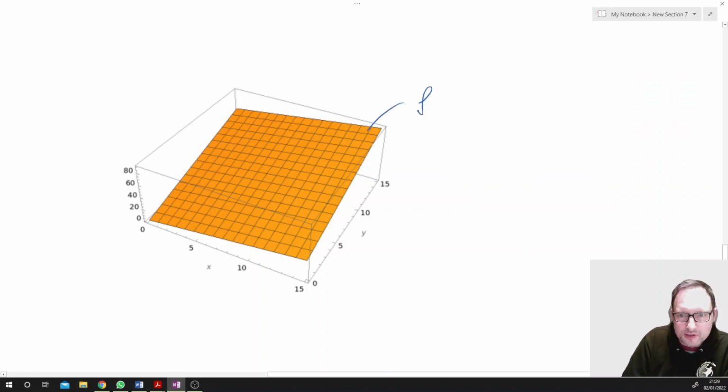So f of x and y was 2x plus 4y. So it's a linear function. I'll make that a little bit bigger, the x axis here and the y-axis here. See, the origin is here. That's where x is 0 and y is 0.